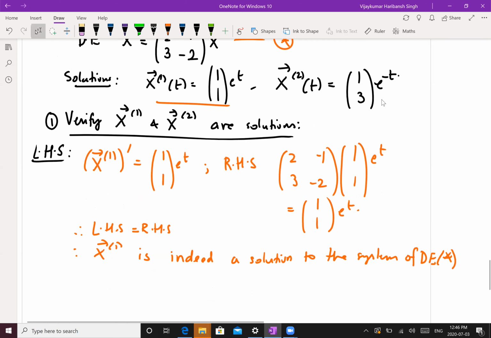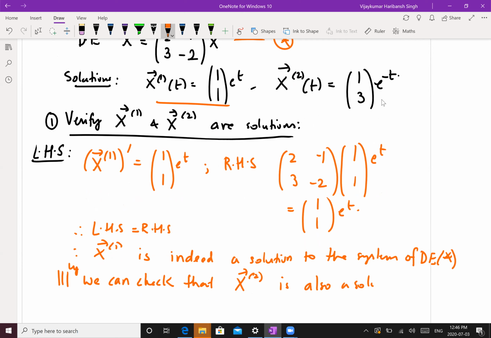Similarly, we can check that x2 is also a solution. I'll leave that to you for checking.